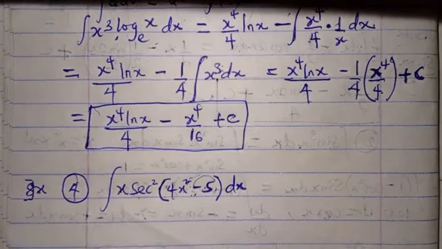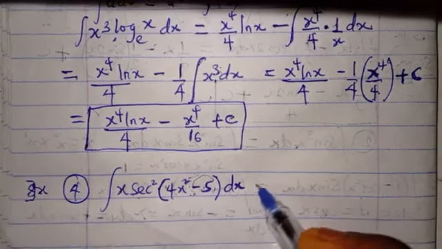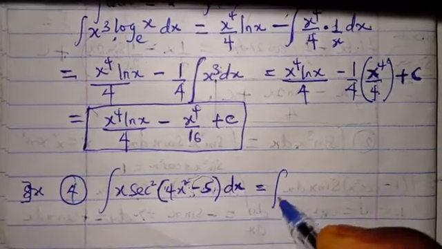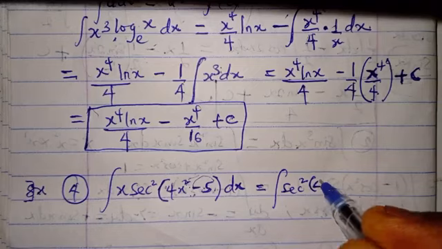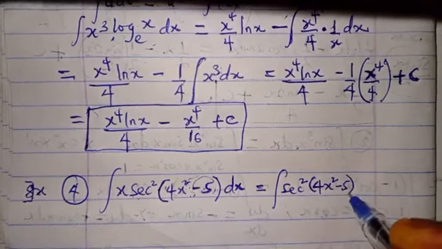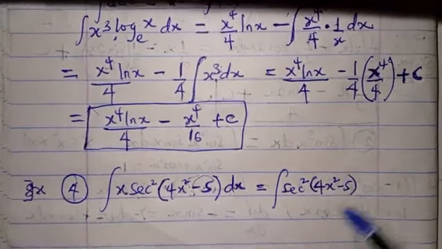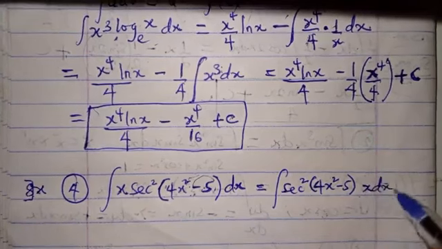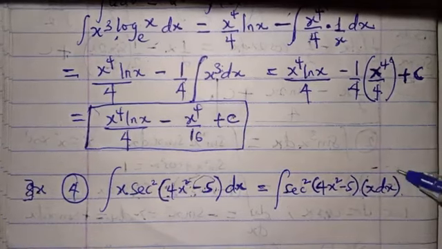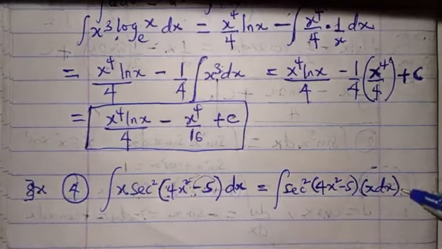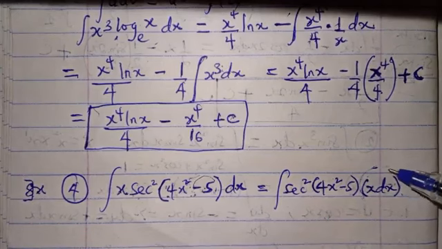So I want to write this integral like this: the integral of sec squared of 4x squared minus 5, and this x multiplies dx, x dx. So I'm going to replace this x dx with something else.